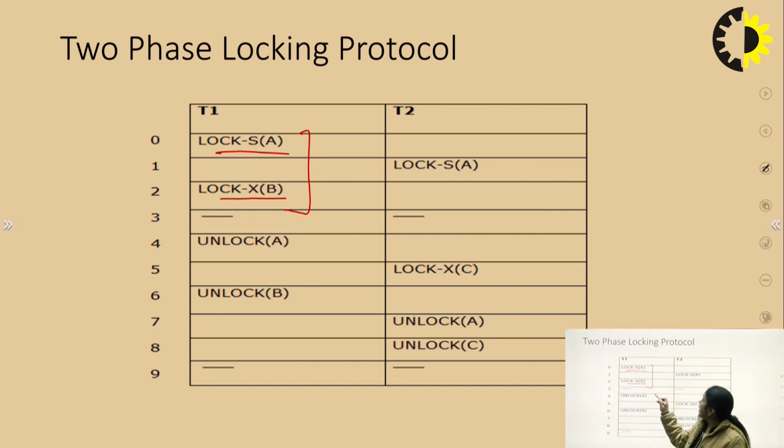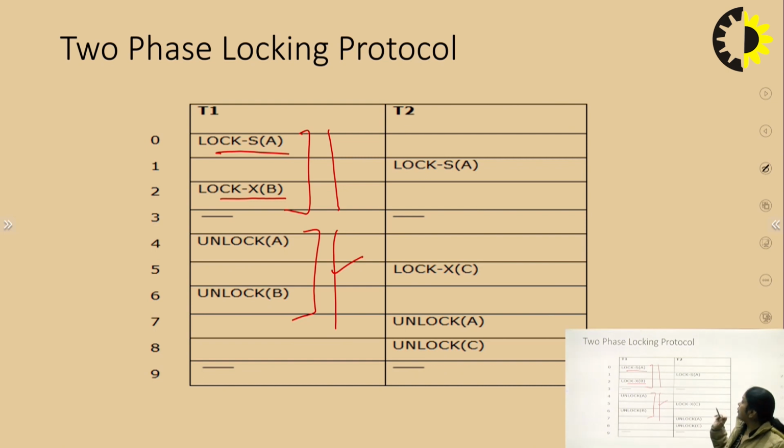Now, after completing the locking and executing all the required operations, the transaction will start the unlocking of the data items. So this is the shrinking phase of the transaction. This is the growing phase and this is the shrinking phase for T1.